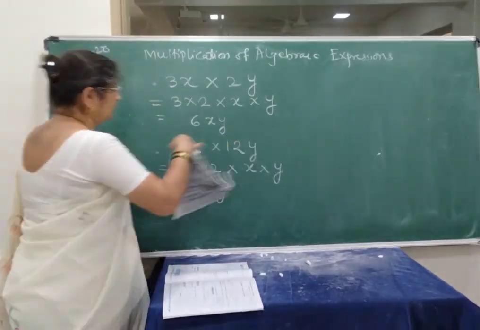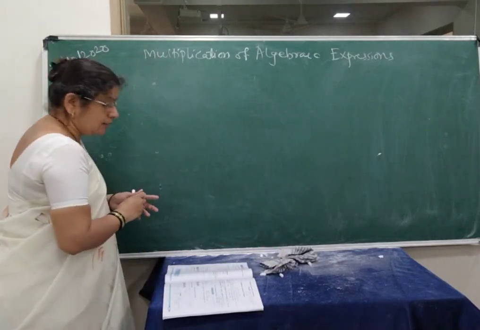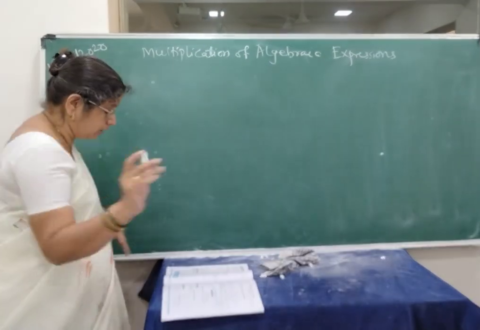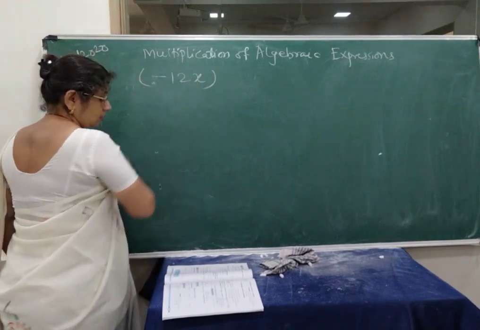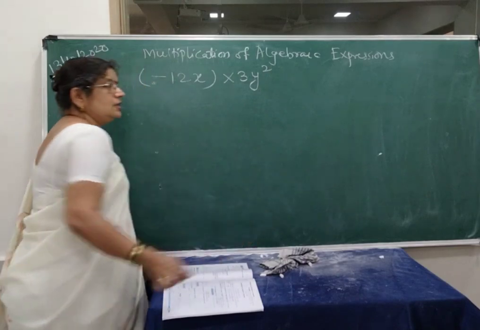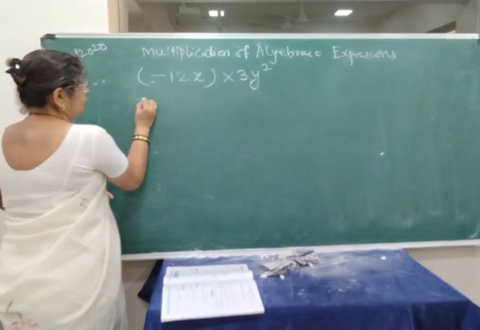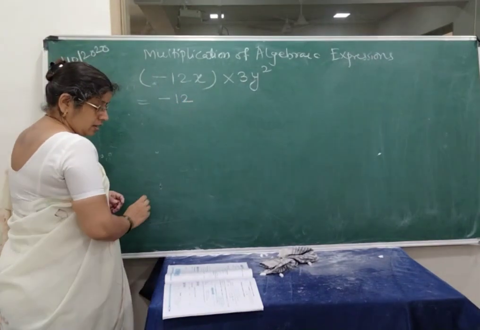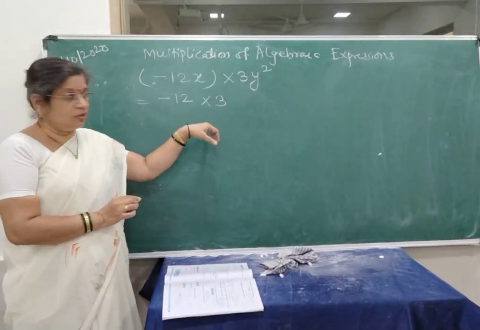Then one more example we will see here. Another example, because sometimes multiplication is a little bit difficult. Minus 12x into 3y square. How to solve it? Here the coefficient of x is minus 12, multiplied by the coefficient of y square, which is 3.